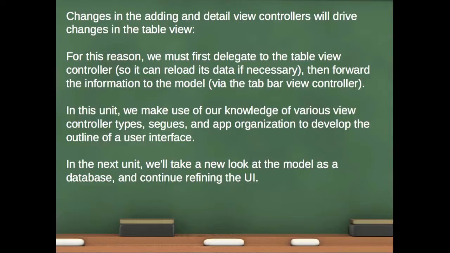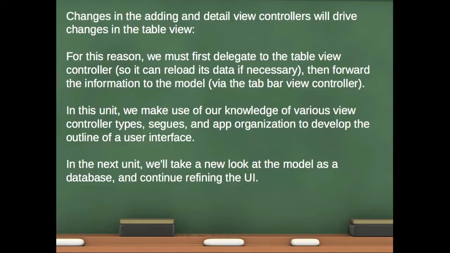The last unit we talked about developing a model. In this unit, we're talking about looking at view controllers and how to best represent the model to the user using view controllers. And then in the next unit, we're going to extend our view of the model and look at the model actually as an SQLite database and continue refining the user interface.